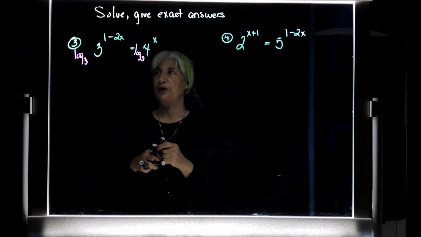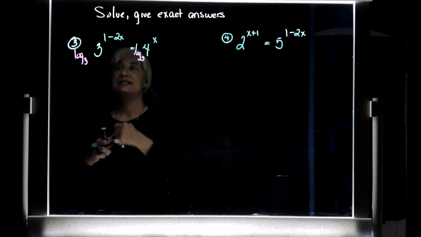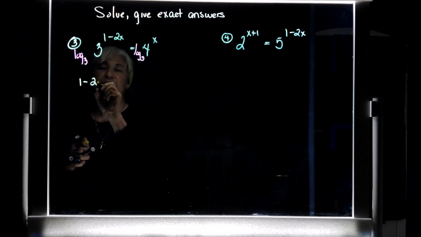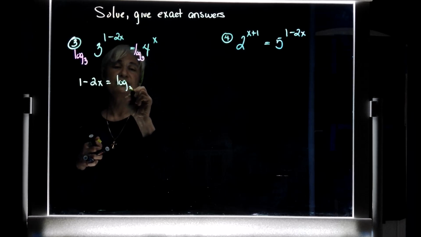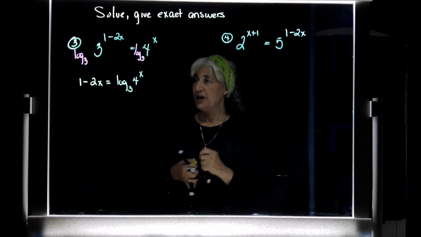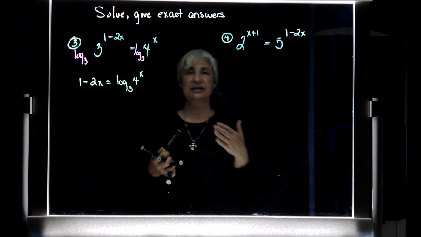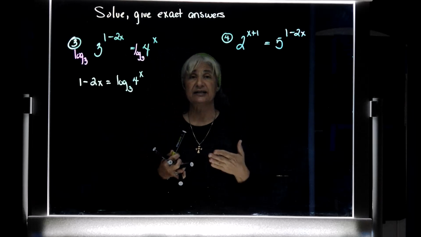Good? Okay, so now, the next line simply is going to be 1 minus 2x. Agreed? Equals log base 3 of 4 to the power of x. Okay, so you're like, yeah, but the right side still has the x in the power position. You're right, it does.